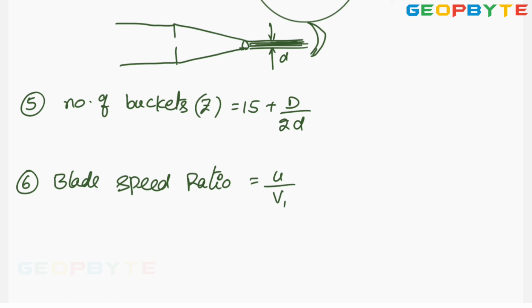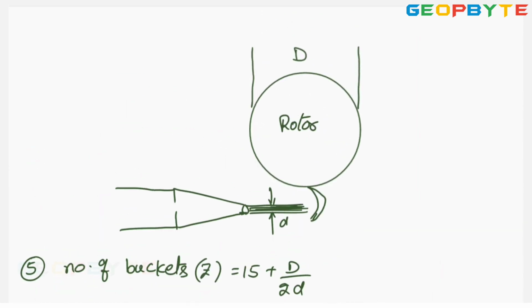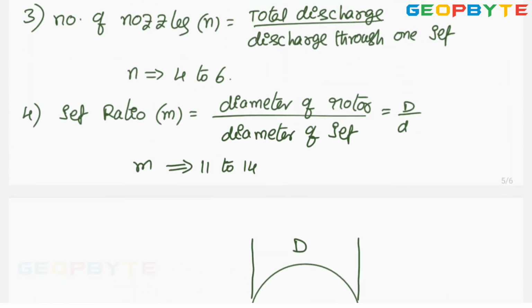That is the optimum condition. But practically it varies from 0.43 to 0.48. So that is how the important points should be remembered.